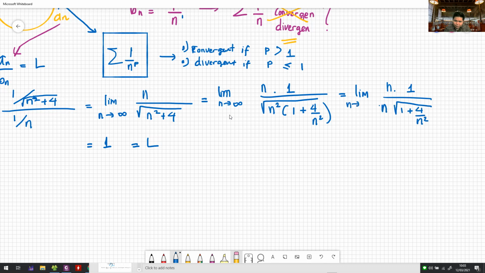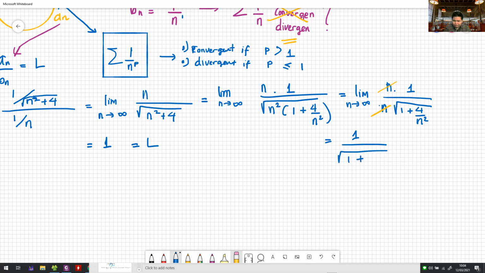And then n goes to infinity. That's all. This one vanishes, and then we simply take the limit. The limit is 1 divided by the square root of 1, which is exactly 1.